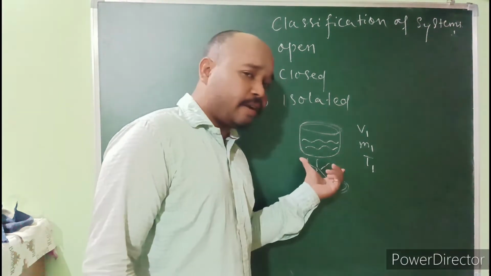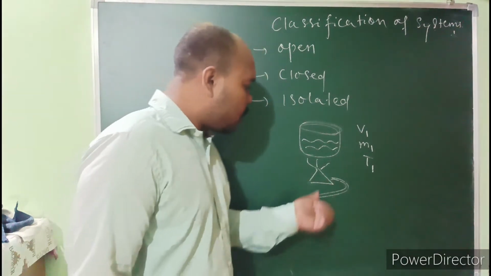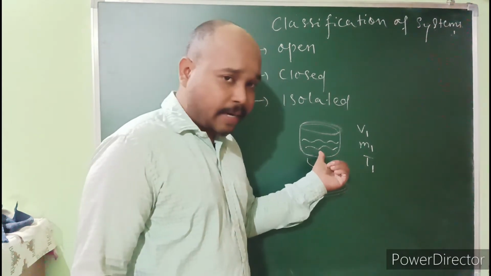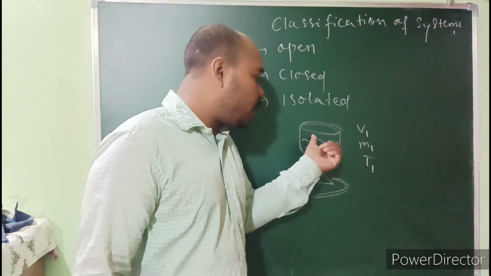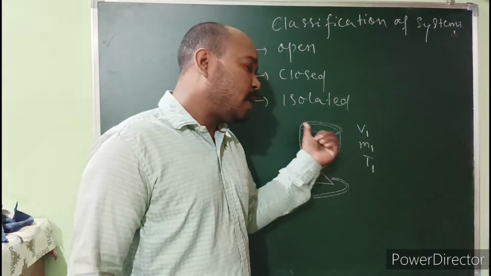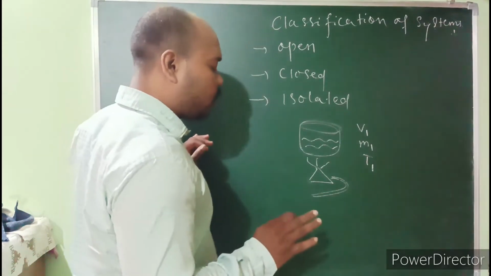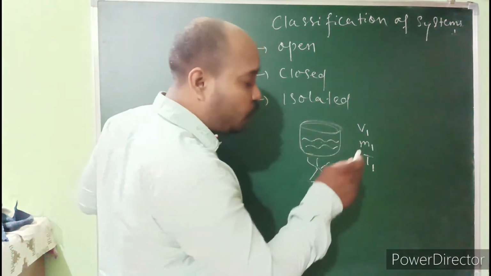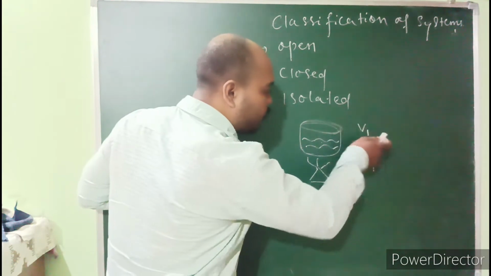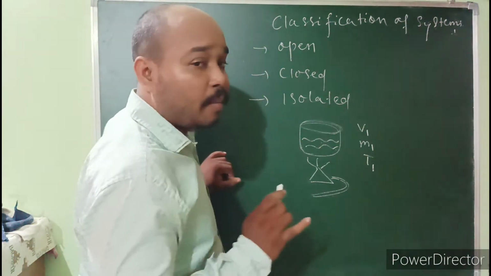When I heat it, what will happen? Due to the transfer of heat energy, water will start boiling, and after boiling it will convert into vapors. During vaporization, some amount of water will be removed from the container in the form of vapors.